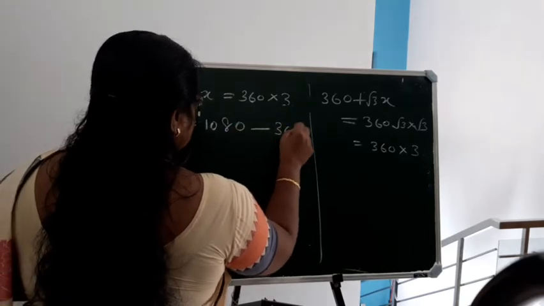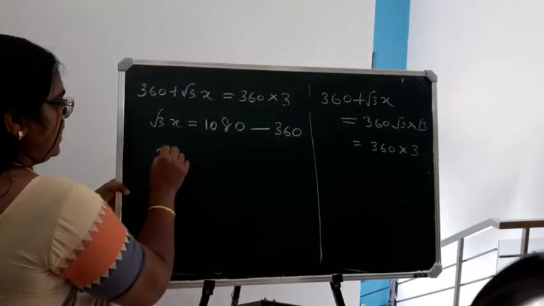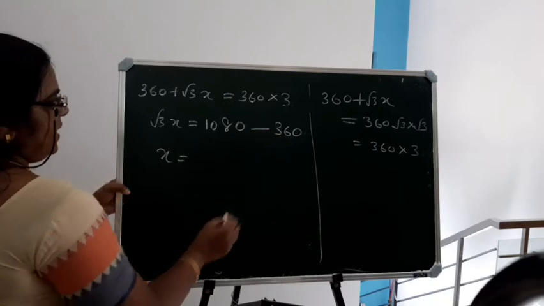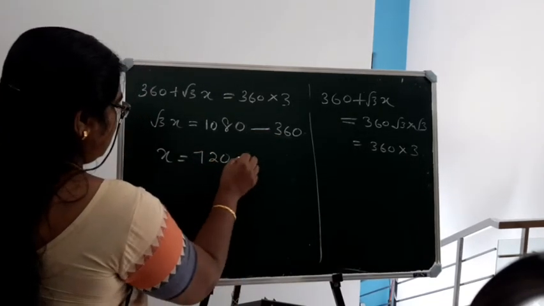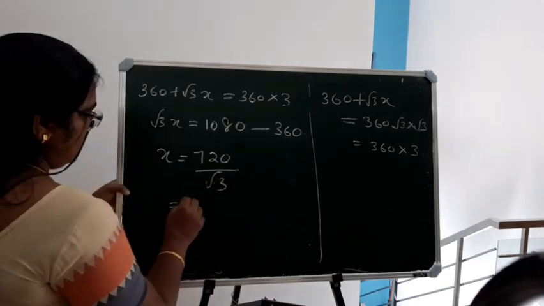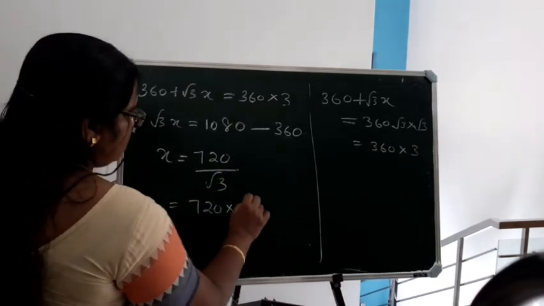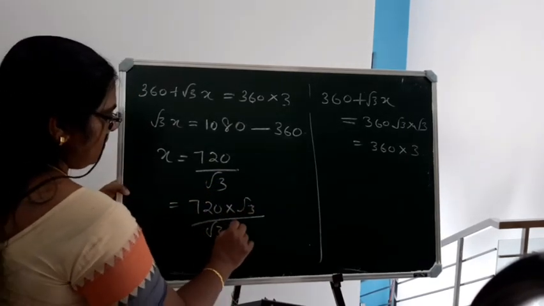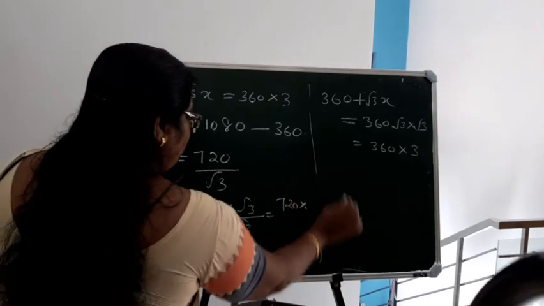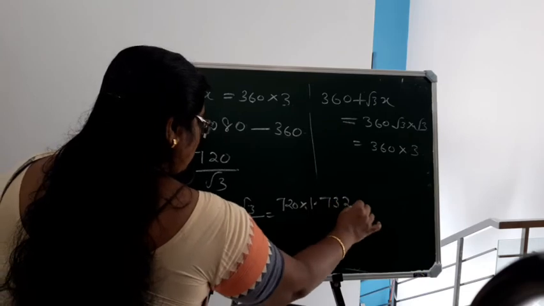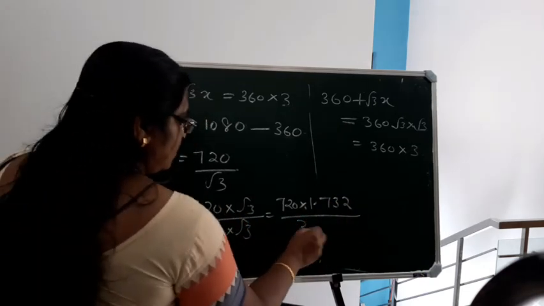Minus 360. So x is equal to, subtract this one, 720 divided by root 3. So 720 into root 3 divided by 3, that is 720 into 1.732 divided by 3.